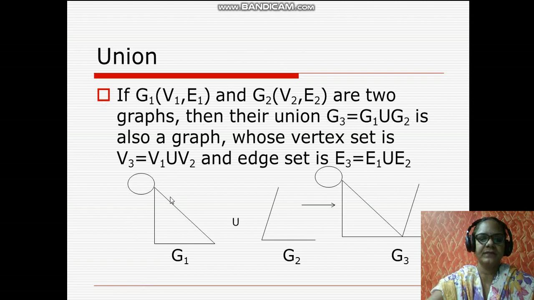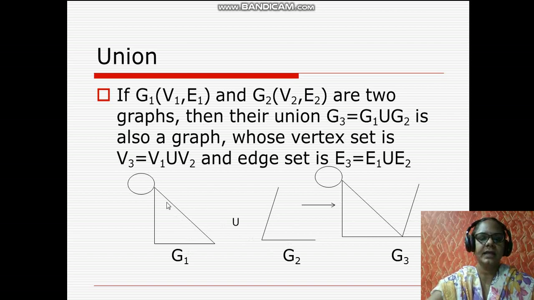This is the first graph, that is G1, where V1 and E1 are the set of vertices and the set of edges. This is the G2 graph, which has the set of vertices V2 and E2. When we say union of these two graphs, we will get this graph, the first graph and the second graph joined to give the third graph.